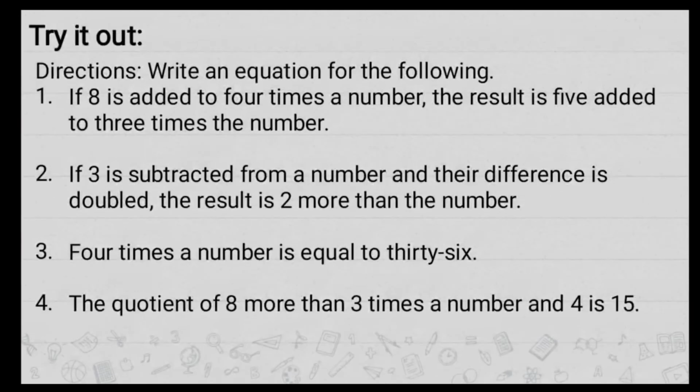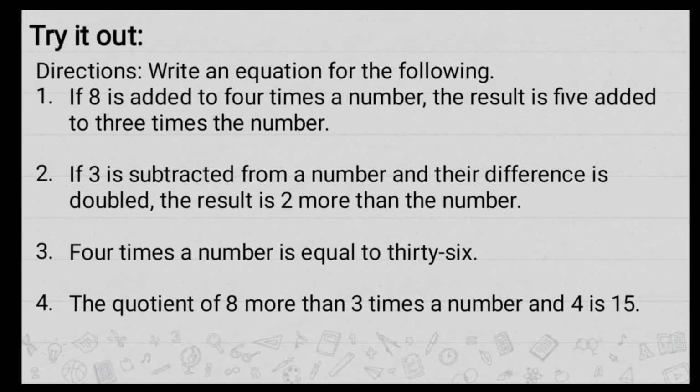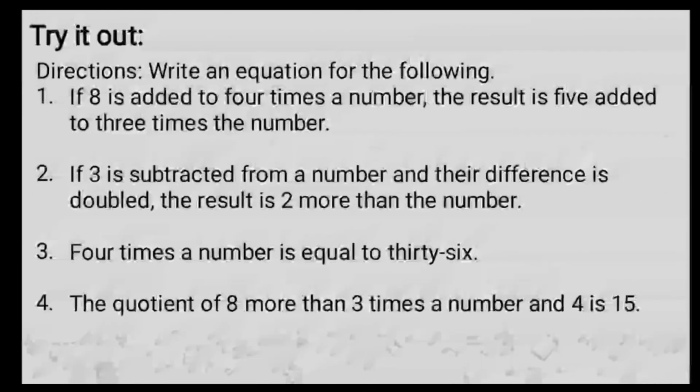Number 2, if 3 is subtracted from a number and their difference is doubled, the result is 2 more than the number. Number 3, 4 times a number is equal to 36. Lastly, the quotient of 8 more than 3 times a number and 4 is 15.